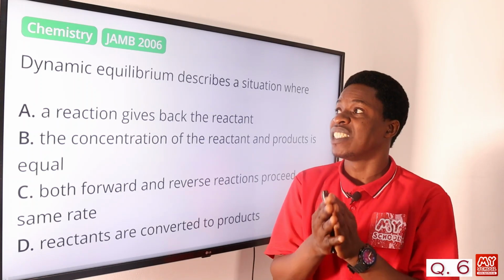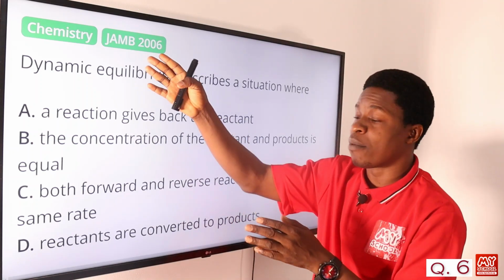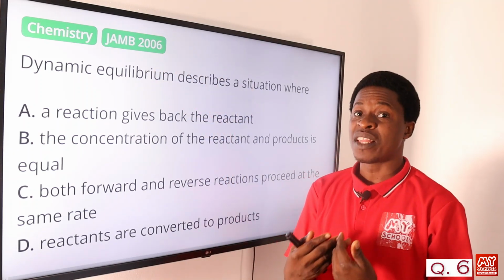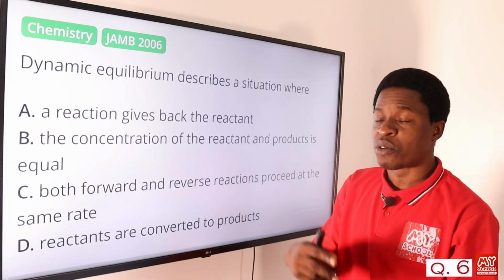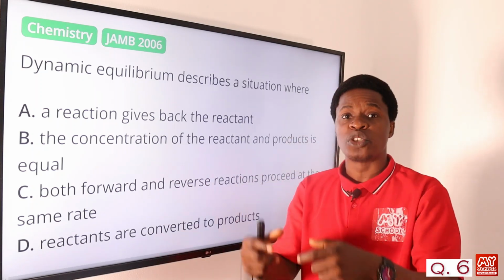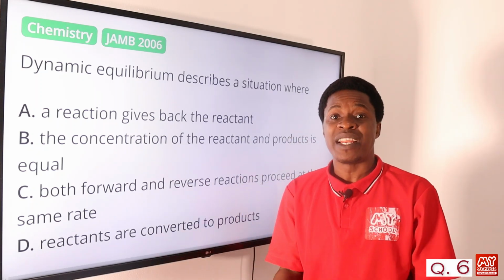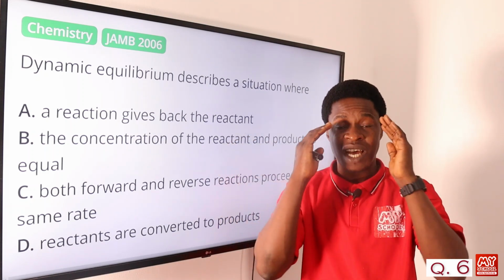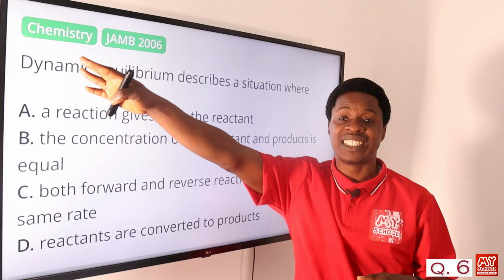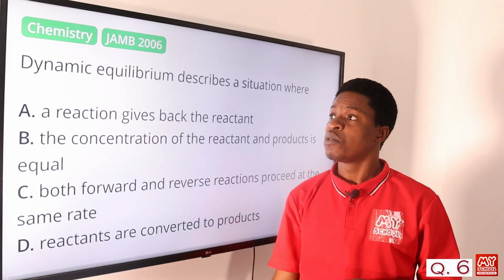We say we have dynamic equilibrium. In other words, when the forward reaction and the backward reaction continue to take place at the same rate at the same time, we say we have a dynamic equilibrium. So let's look at the question.